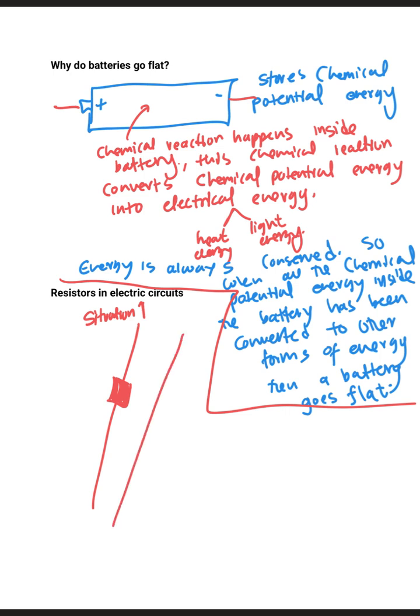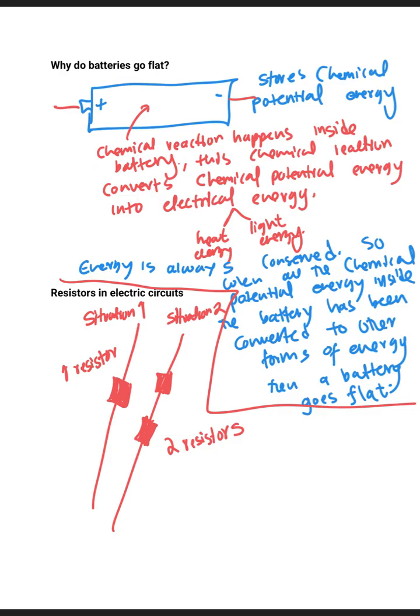In the second situation, I have 2 resistors, situation 2. So here we have 1 resistor, and here we have 2 resistors. We need to ask ourselves, how does this affect the flow of electric charge, or current?